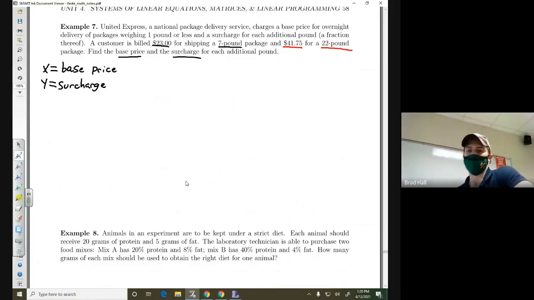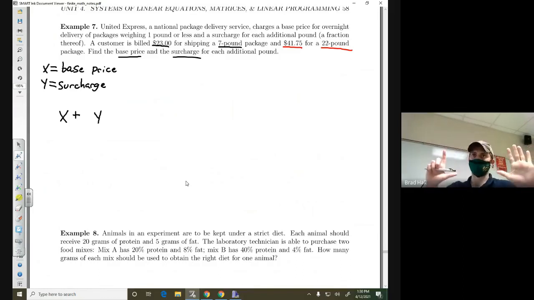So what has to happen for them to determine a bill of $23 for a 7-pound package? You're going to be charged a base price anytime you ship really anything. There's the base price right there. In addition, you will have to pay a surcharge for every pound after the first pound.